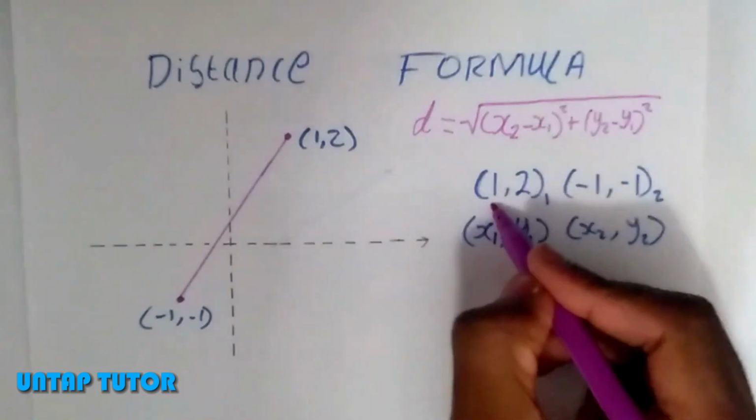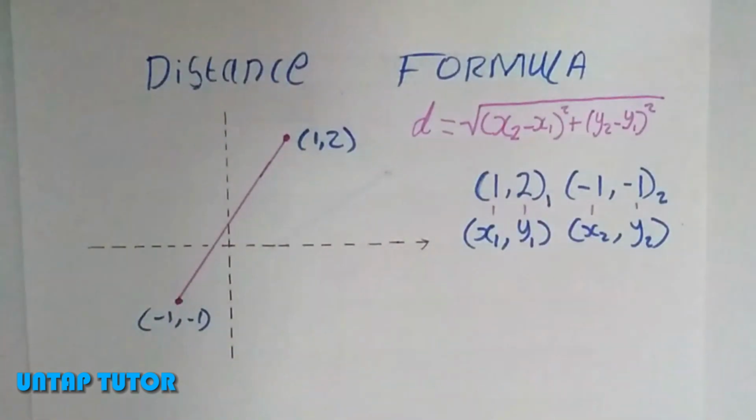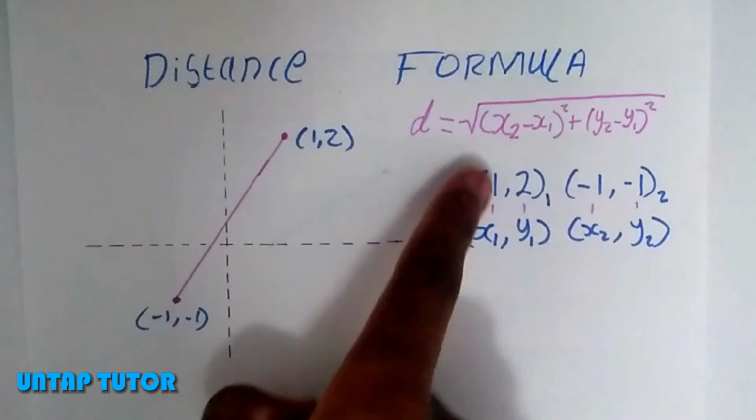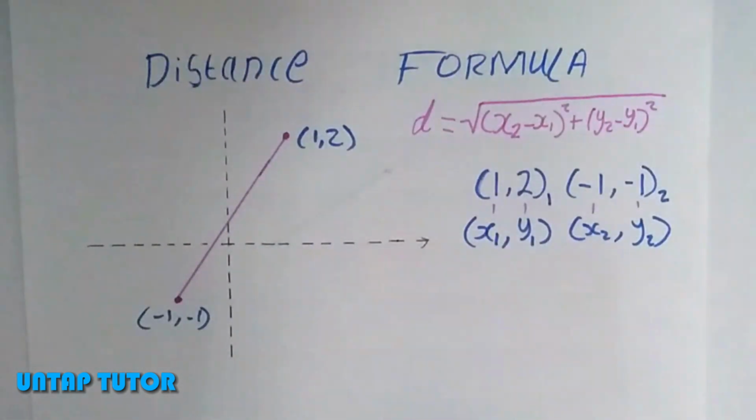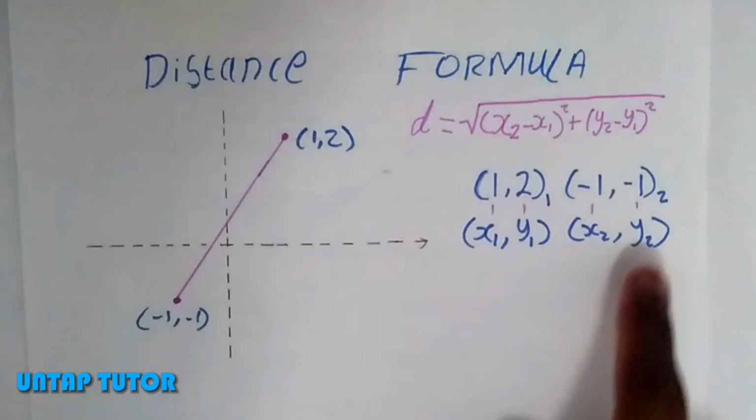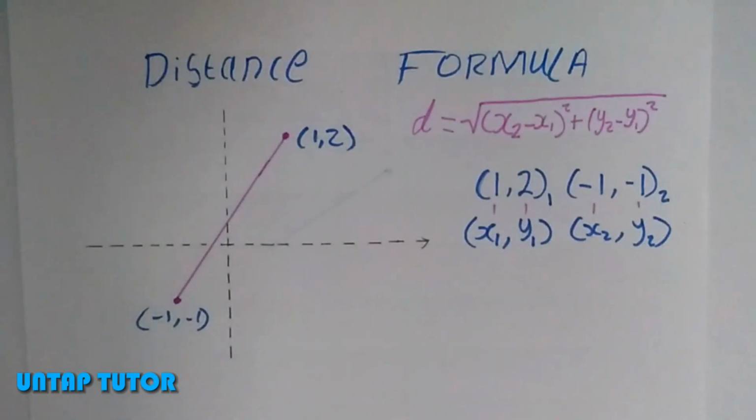Now we have our x1, which is 1, y1, which is 2, x2, which is -1, and y2, which is -1 also.